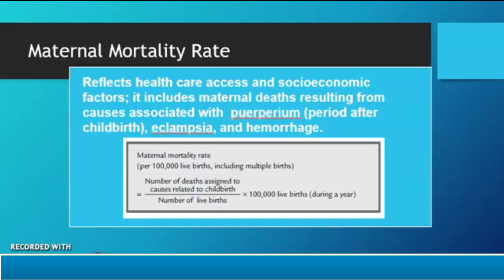It could indicate also certain conditions like eclampsia, hemorrhage. Again, skilled birth attendants not being present, and it's surprising to see in how many parts of the world there is not a skilled birth attendant because of the lack of resources, lack of primary healthcare, basic healthcare needs.